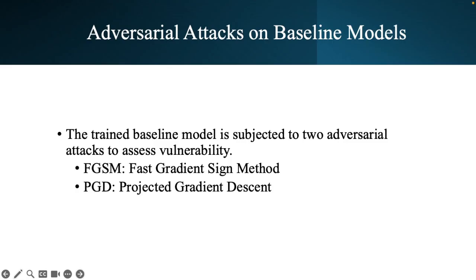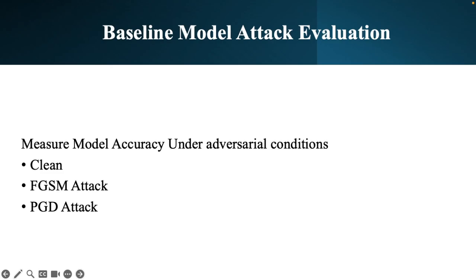After training, we evaluate how both FGSM and PGD affect the baseline. This represents the first-order and iterative gradient-based attacks. A baseline model attack evaluation measures the model accuracy under adversarial conditions.